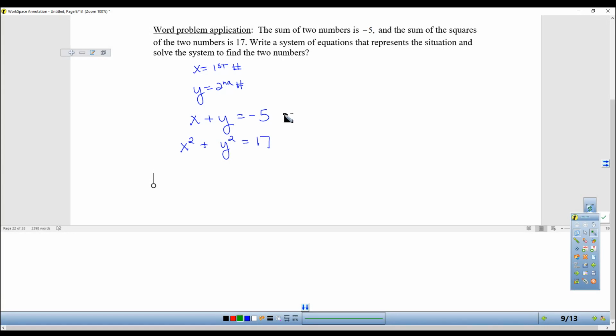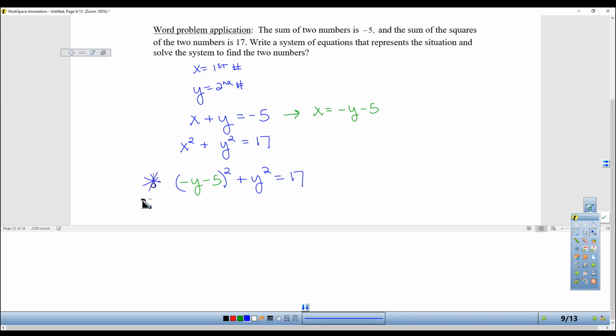So back to substitution. X is equal to minus y minus 5. I'm going to put that right here. Minus y minus 5, the quantity squared. So be really careful.